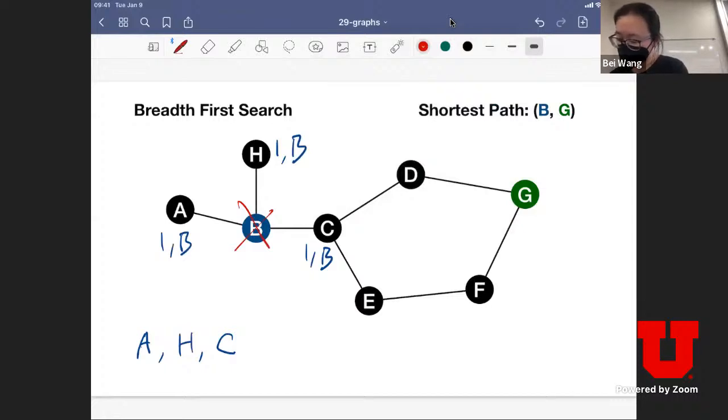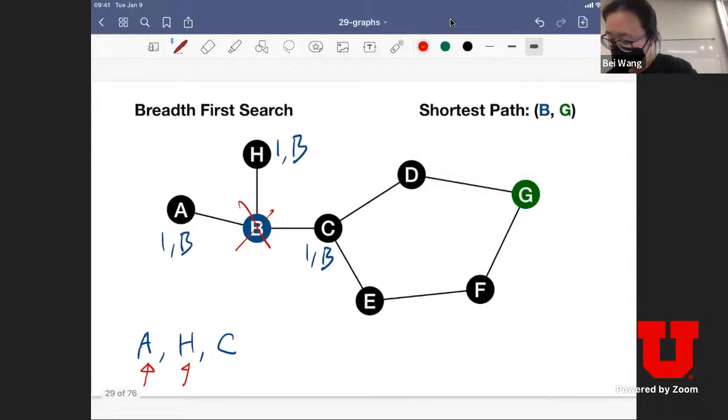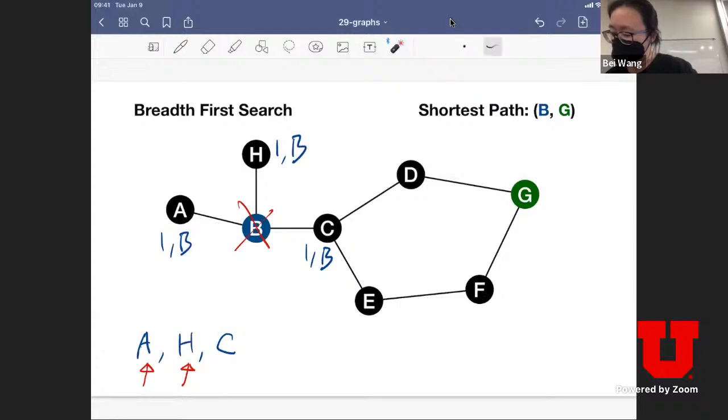The first in the queue is A. The only neighbor of A is B, which is already crossed off, so I don't have to care about it. Same thing with H: the only neighbor of H is B, so I'm done. Now I look at C.